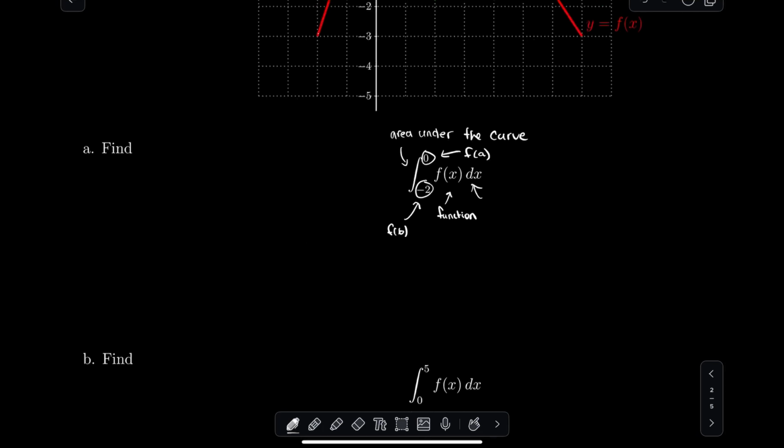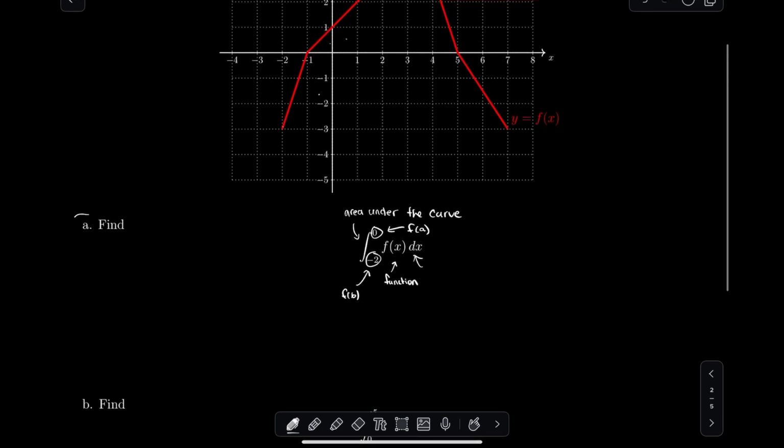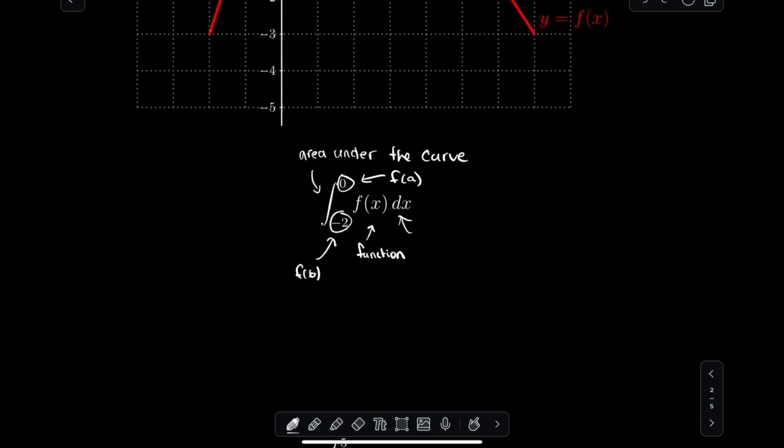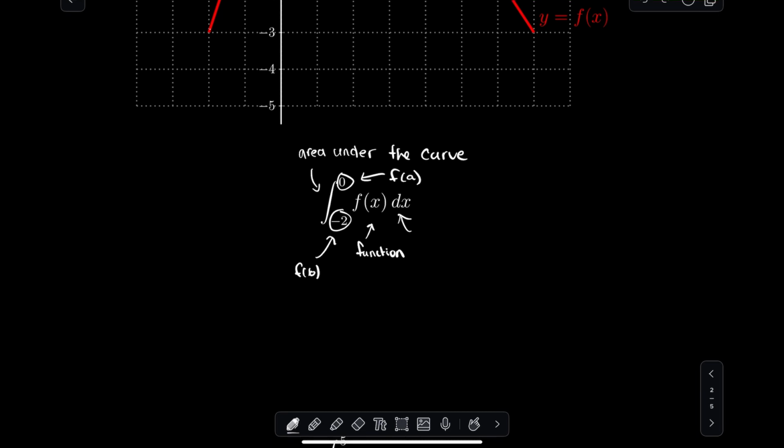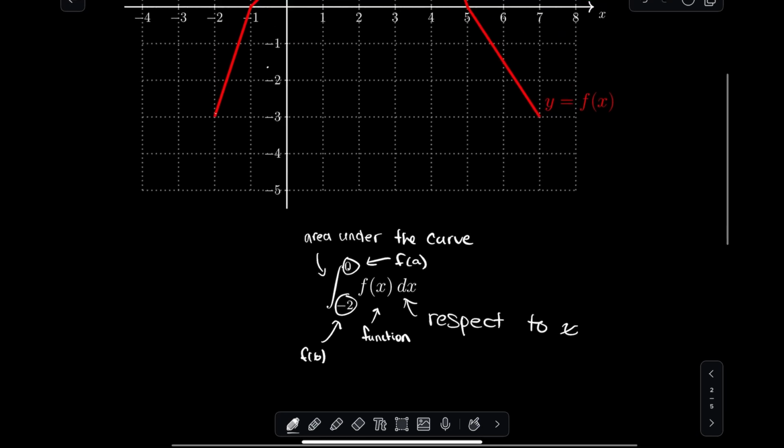Okay, so in this problem, it's asking us to find the area under the curve right here between f of a, between 0 and -2 of our function in respect to x. This is how to read integrals, right?